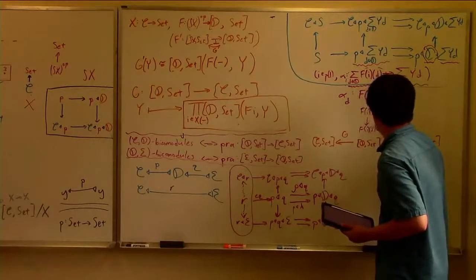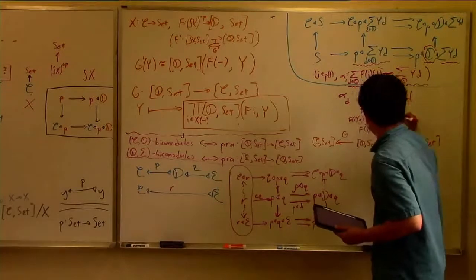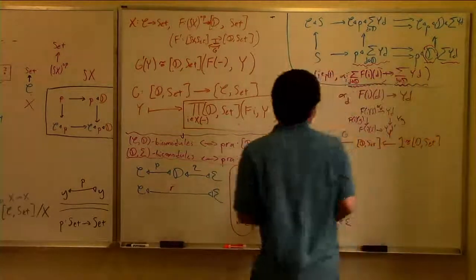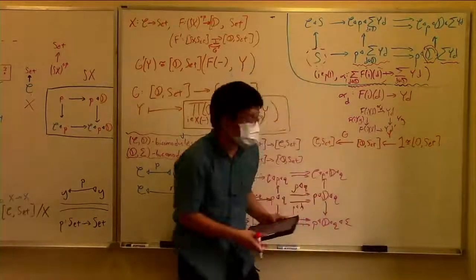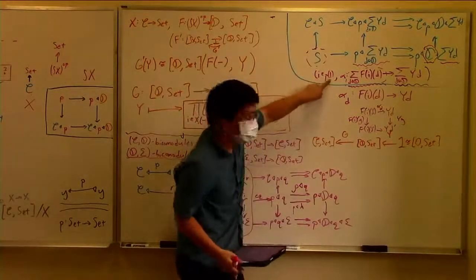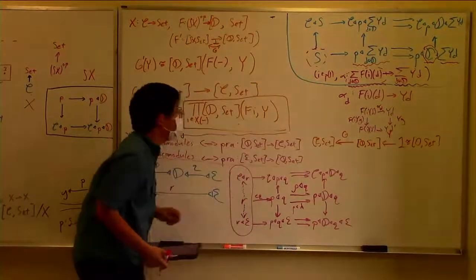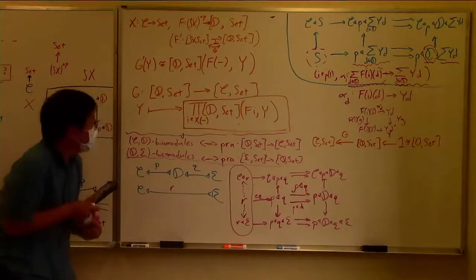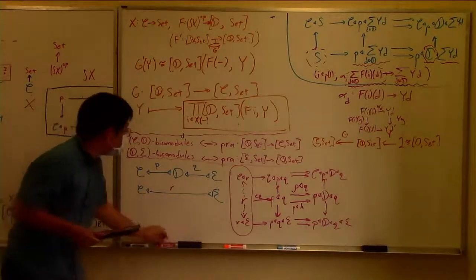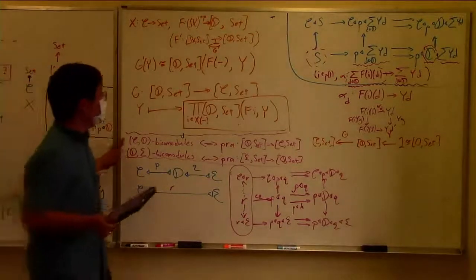And that is exactly what we need to say that an element of this equalizer set S is a position of P as well as a natural transformation from F I to Y. And so it turns out that these two do give us the same thing through this, admittedly, kind of long argument.